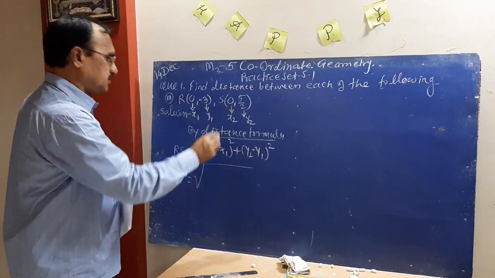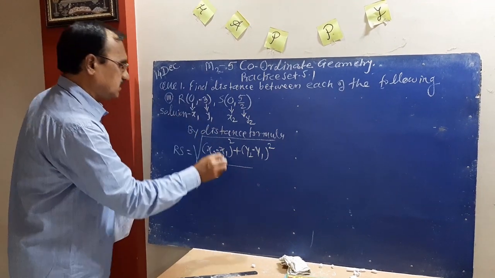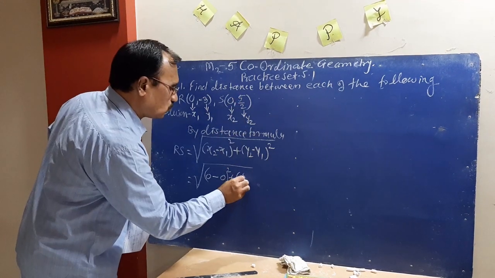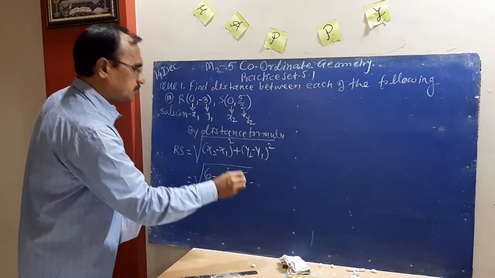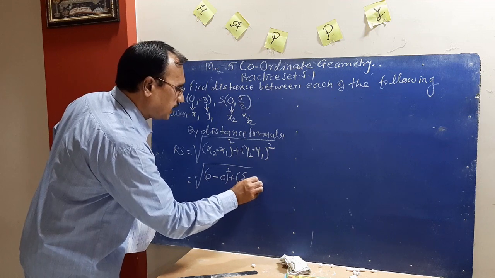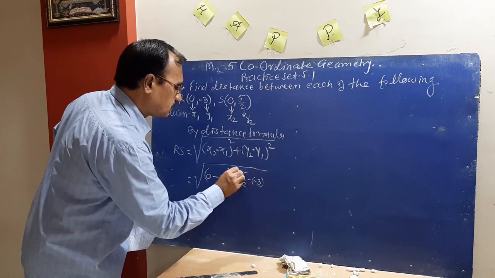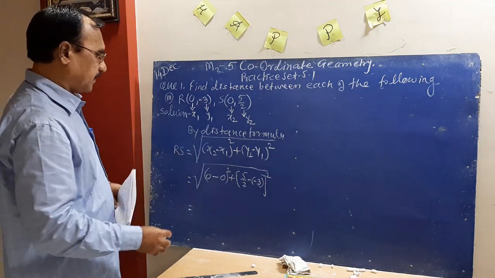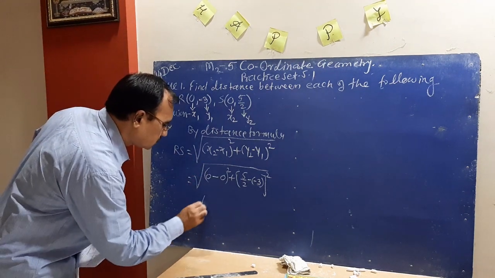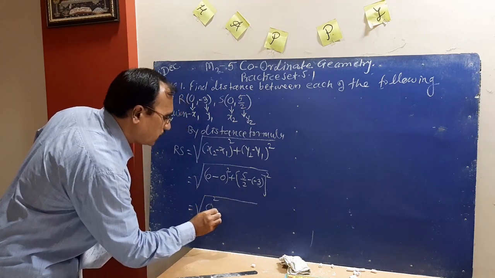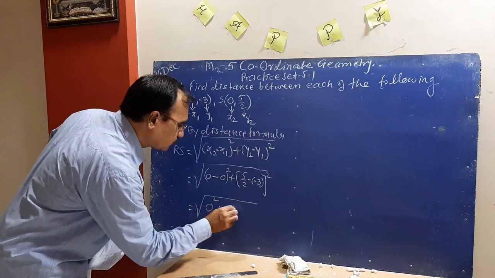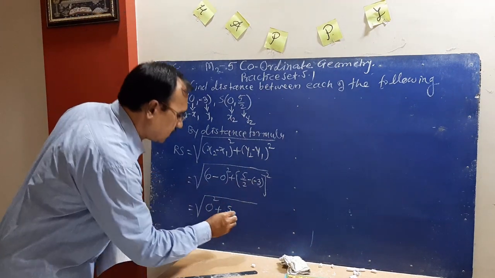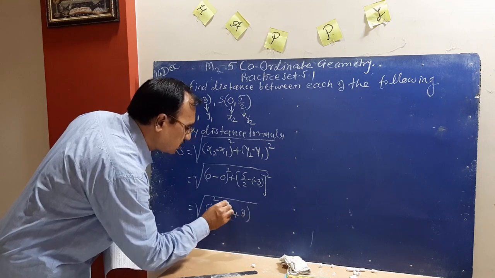See here, x2 is 0 minus x1 is again 0, whole square, plus y2 is 5 by 2 minus y1, again minus, keep in bracket, then draw the square. 0 minus 0 is 0, 0 square plus (5 by 2), if we open this bracket, minus minus plus 3, (5 by 2 plus 3) whole square.